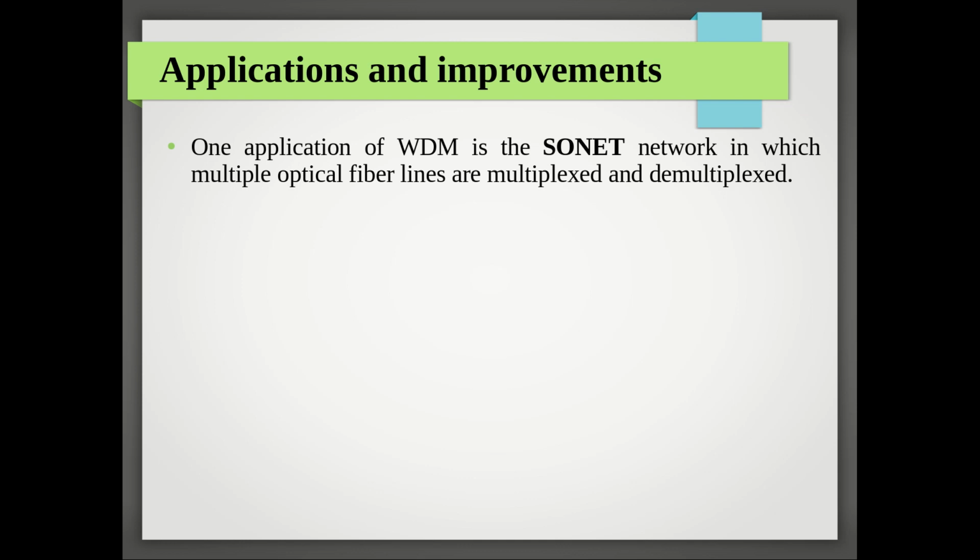This backbone is again an optical fiber network with a very huge capacity, and that is what we call a SONET backbone, synchronous optical network, that is the full form. In that case you can definitely make use of wavelength division multiplexing to combine all the individual narrow band signals onto this common SONET backbone.